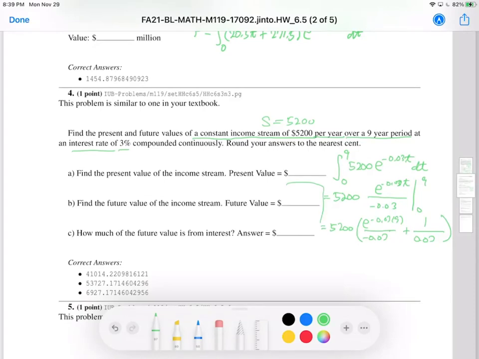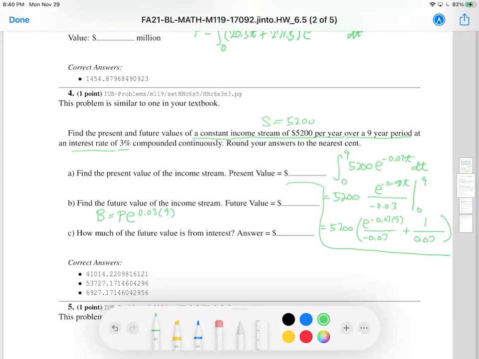So this is A. Now the future value. So we have the present value. We use the result from A. So the future value in B is equal to present value times e to the 0.03 times 9 years. Okay. And see how much of the future value is from the interest. Okay.